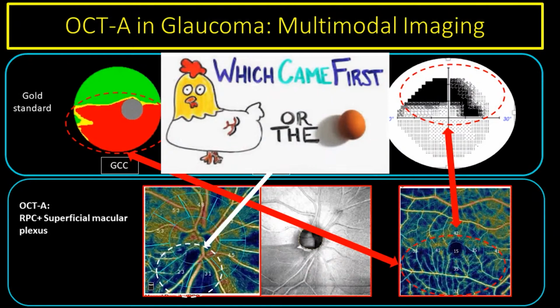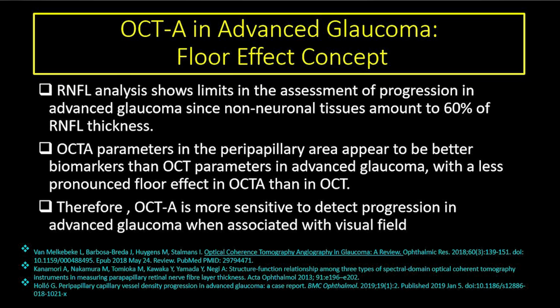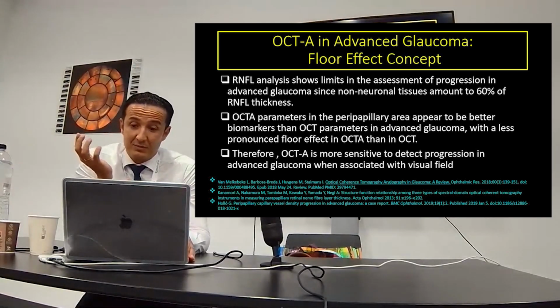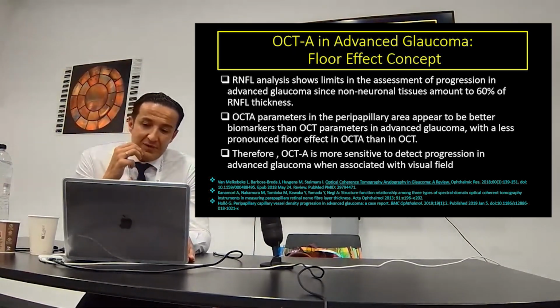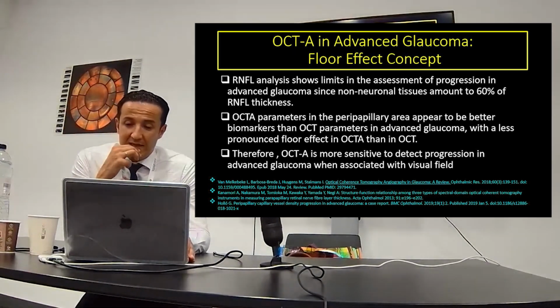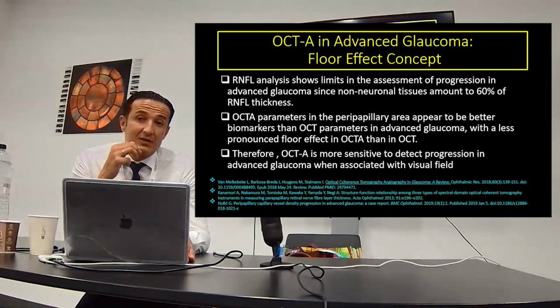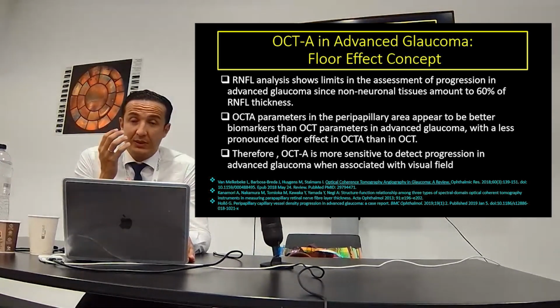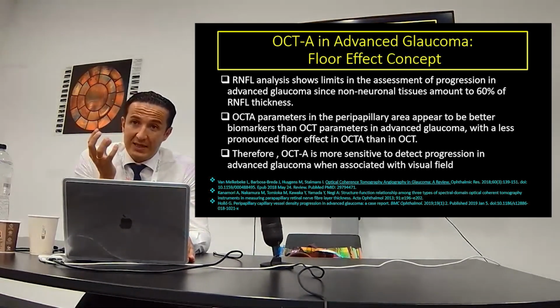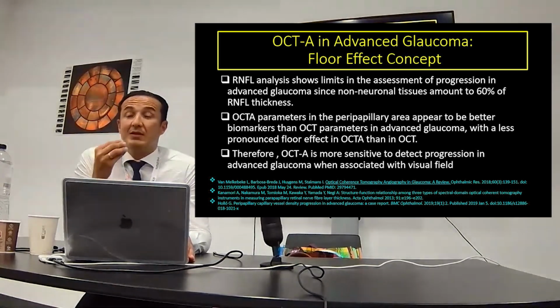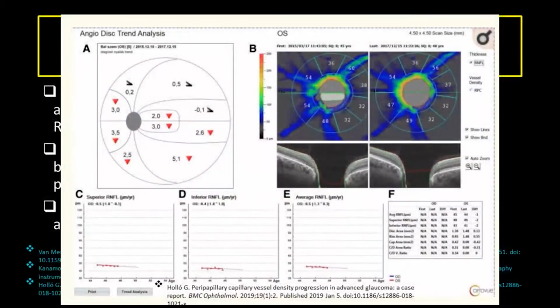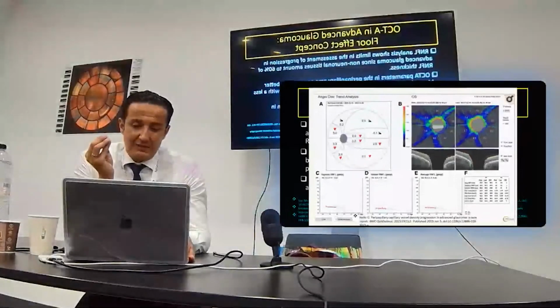But currently, we know there is a floor effect in the structural OCT, especially in advanced glaucoma. We know also that this floor effect in OCT-A is less as compared to the structural OCT. And probably we can use the OCT-A in advanced glaucoma associated with the whole retinal thickness in this kind of patient.